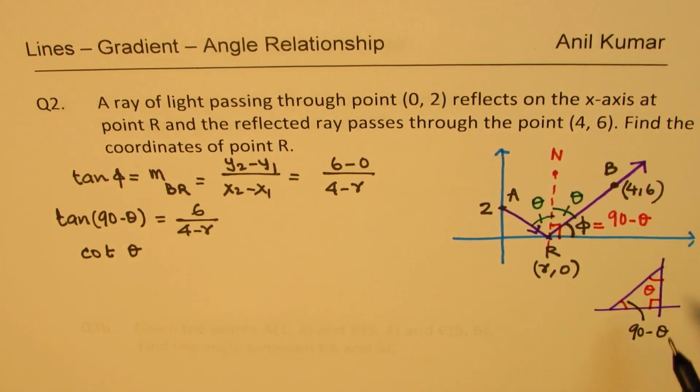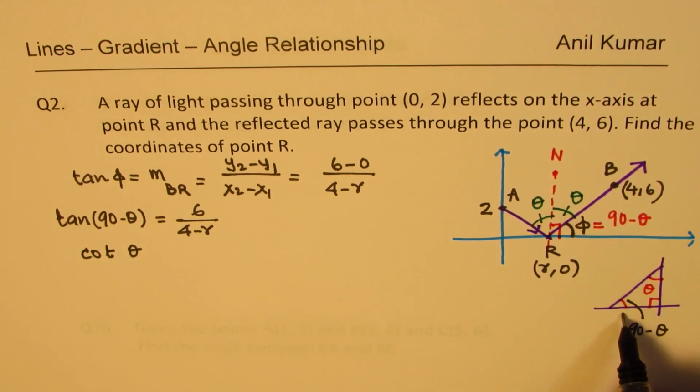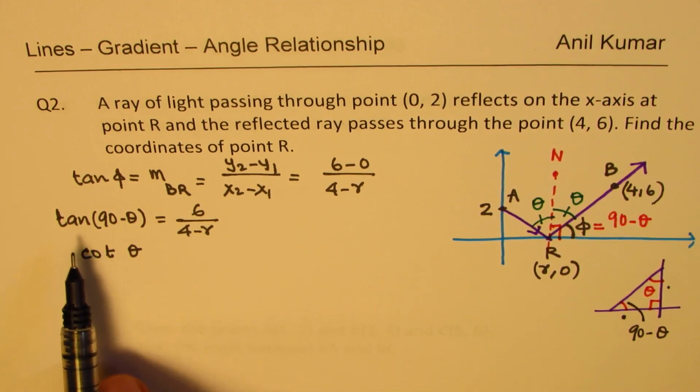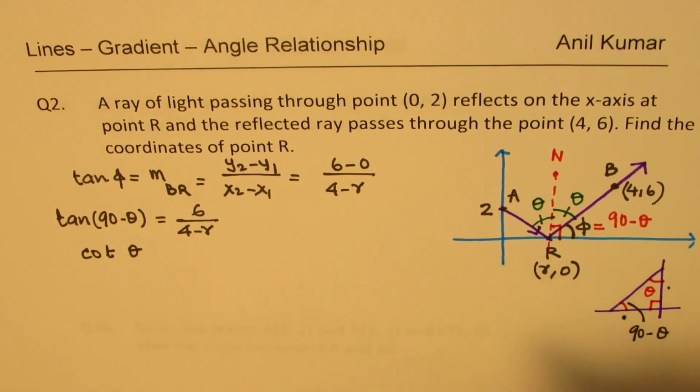Now, you can clearly see that tan of theta is this ratio over that, and cot of theta, which is tan of 90 minus theta, will be the same ratio. So tan of 90 minus theta is cot theta. We call this a cofunction identity.